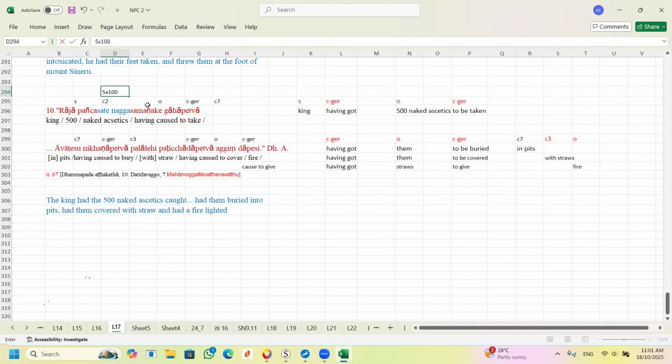Fine. All right. Can you see this part, same as just now? Causative gerund. This is a king. The king, having got the 500 naked ascetics to be taken. So now the structure here: I say to take. Here can you see to take? I put to be taken because this is a past participle, to be taken.